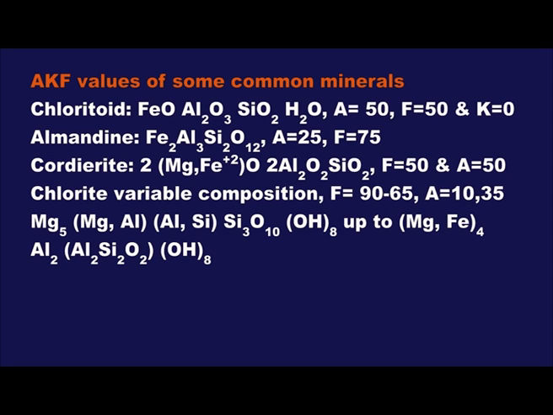Cordierite, 2(Mg,Fe)O, 2Al2O3, 5SiO2, F equals 50 and A equals 50. Chlorite, variable composition, F equals 90 to 65 and A equals 10 to 35, from Mg5(Mg,Al)(Al,Si)Si3O10(OH)8 up to Mg,Fe4Al2Al2Si2O10(OH)8.